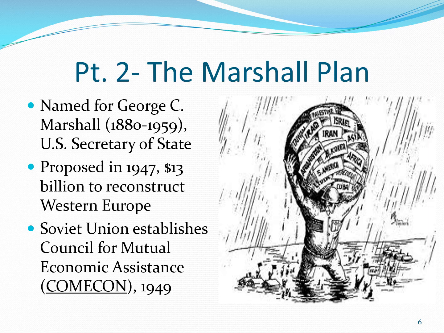So he proposed in 1947 that the United States invest $13 billion to reconstruct Western Europe, to prop up the economies of the Western European nations, and ultimately by doing so they would be less likely to fall prey to a communist takeover. Ultimately, this would cost the United States a great deal of money, $13 billion in U.S. tax dollars.